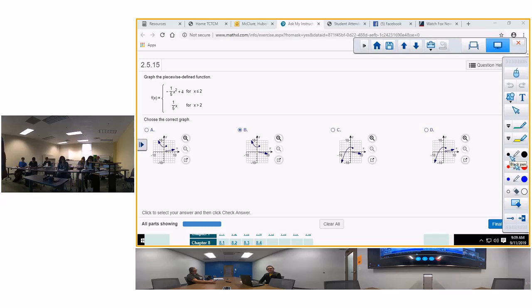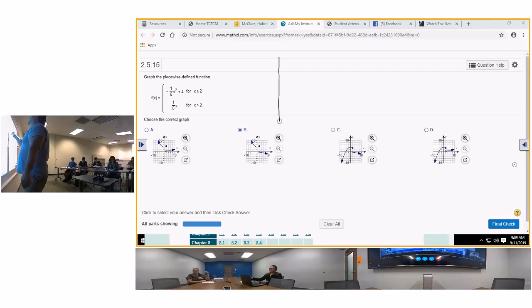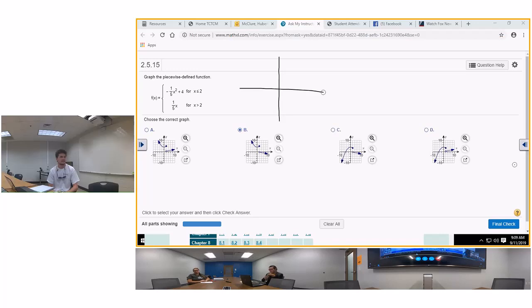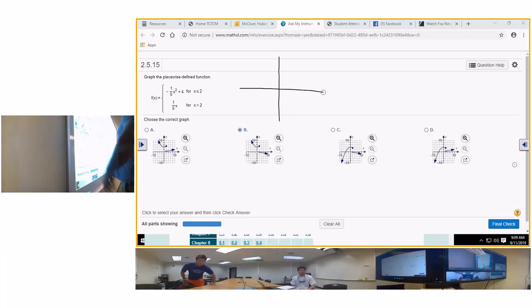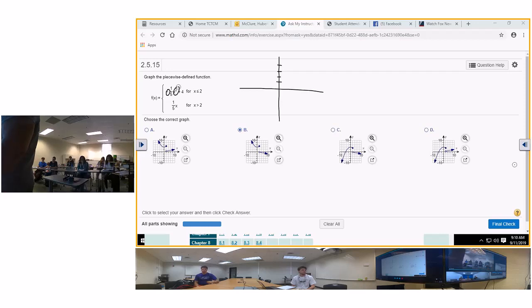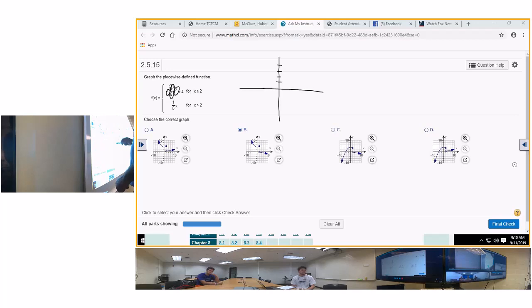Yeah. All right, so I'm going to draw it. And plus 4. That's the y-intercept. We got a function that's going which way? Opposite. So that means it's opening downward. It is a parabola, and is it wide or narrow?